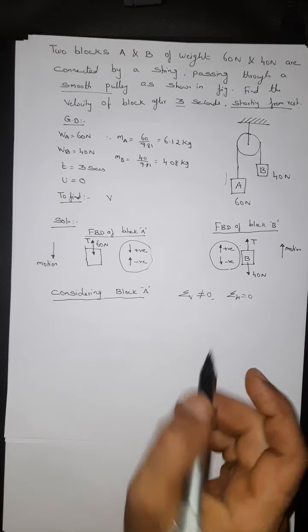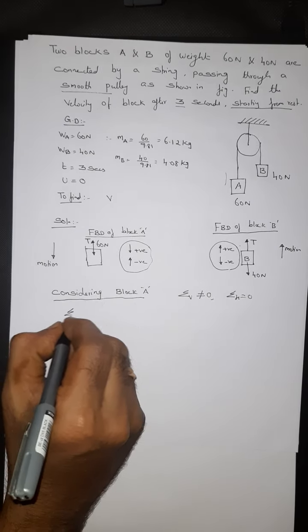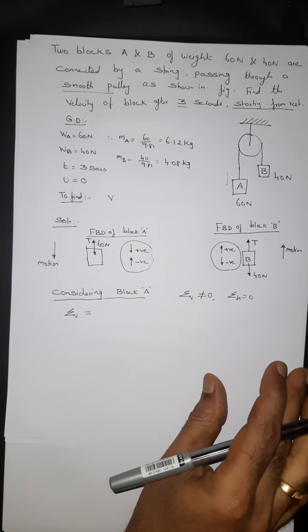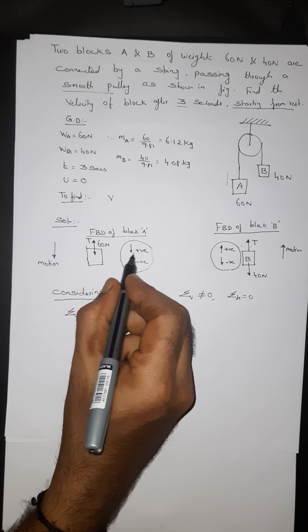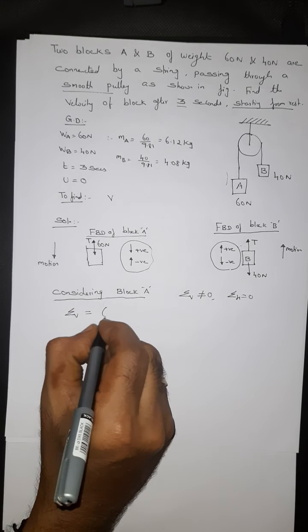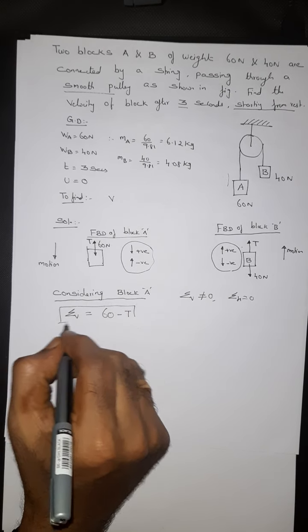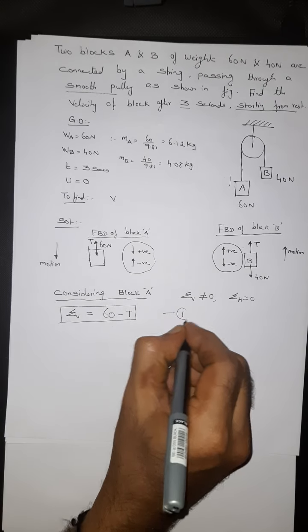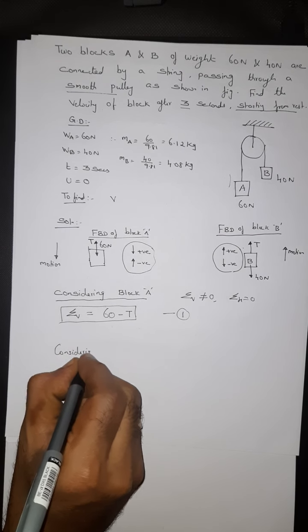So there is no horizontal forces. Therefore, summation H can be eliminated. So summation V equal to, downward motion is positive, so 60 minus T. Equation number 1.